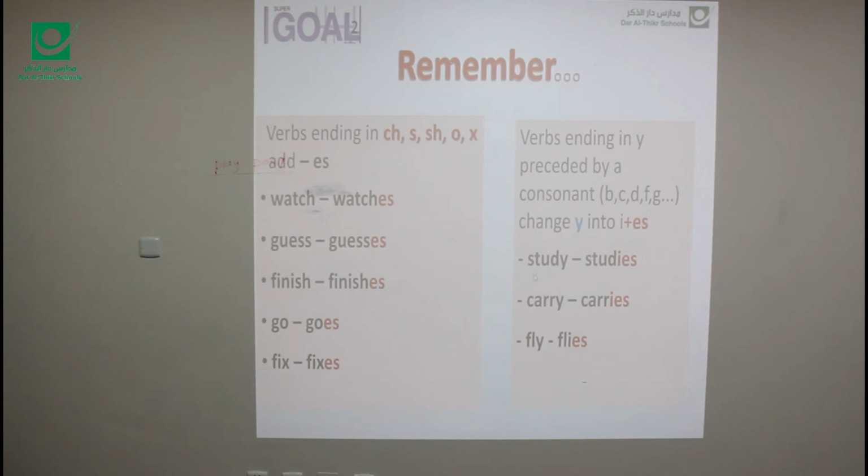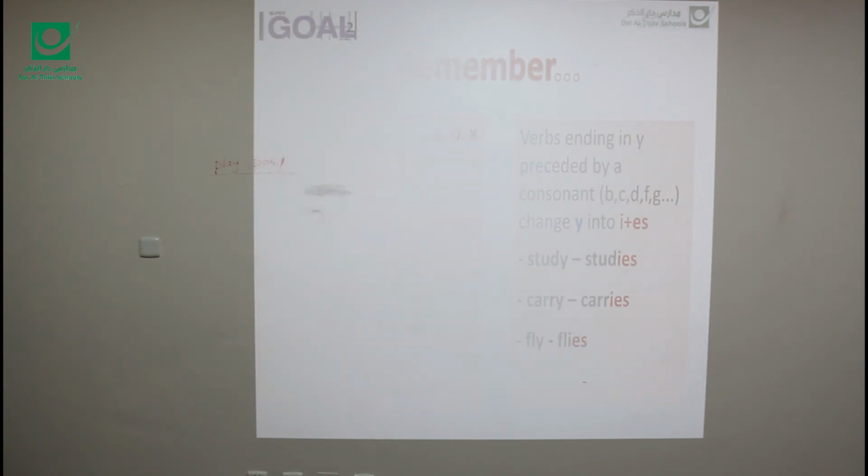For example, study, it becomes what? Studies. Carry, it becomes carries. Fly, flies. Again, we add S or ES or IES when the subject is a third person pronoun, he, she, it.